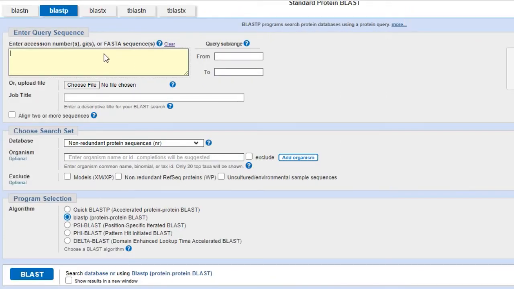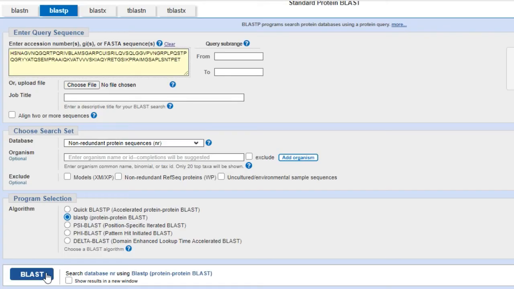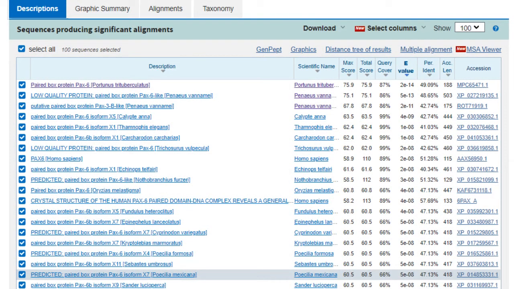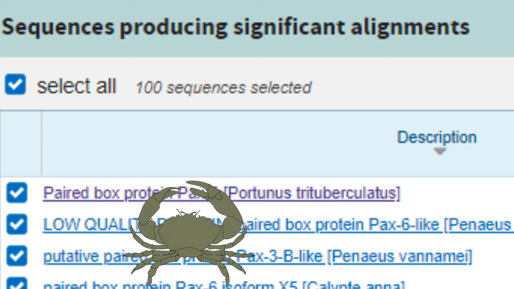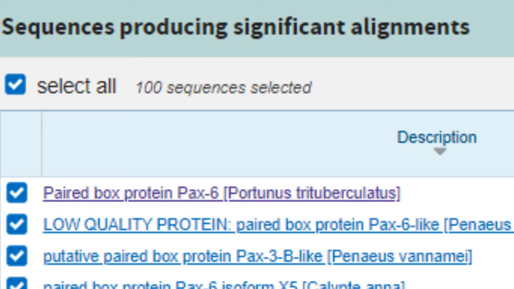If we copy over the sequence for the PAX6 protein into BLAST, or at least the stuff that isn't obscured by random computerized nonsense, and submit it, it confirms that what we have is indeed a PAX6 protein. Granted, what I have is one for East Asian blue crab, but it's nevertheless a PAX6 protein.